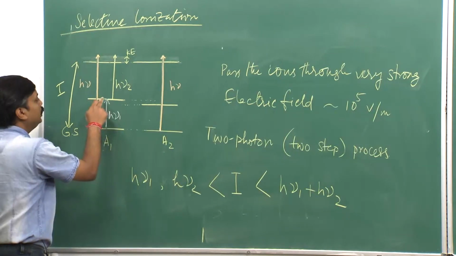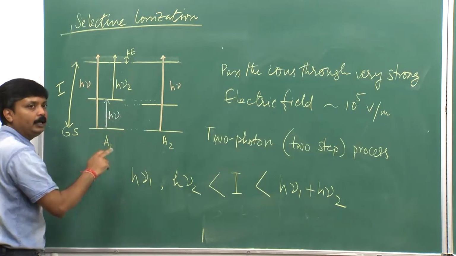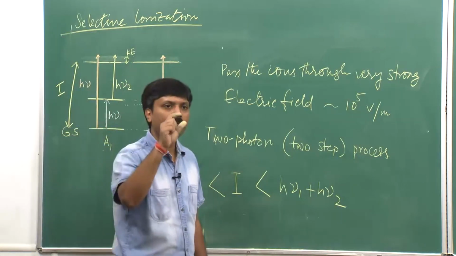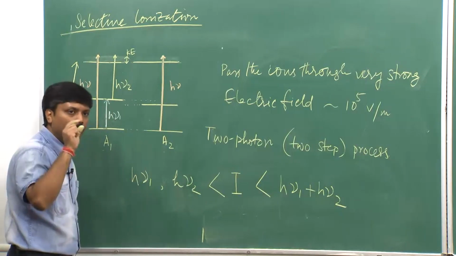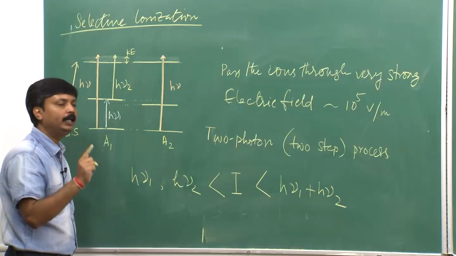The excited states will be different in two different isotopes, because that is what my requirement says: the shift in the absorption frequency must be there, and it must be quite well shifted with respect to the line width of the laser.